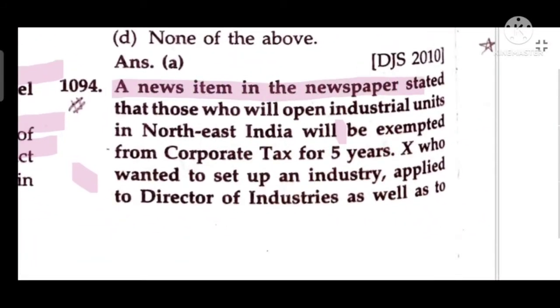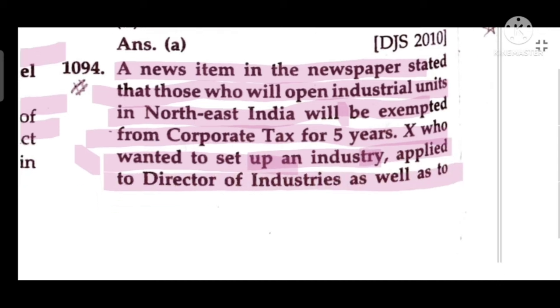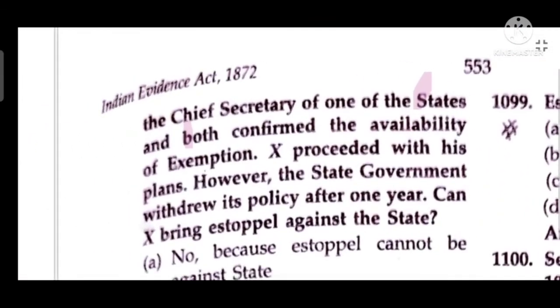A news item in the newspaper stated that those who open an industrial unit in Northeast India will be exempted from corporate tax for 5 years. X wanted to set up an industry, applied to the officials of the industry as well as to the chief secretary of one of the states, and both confirmed the availability of the exemption.